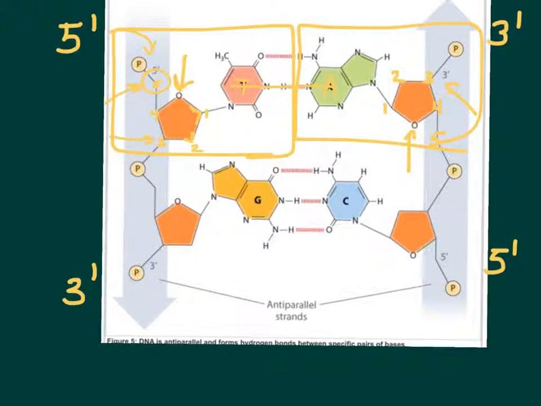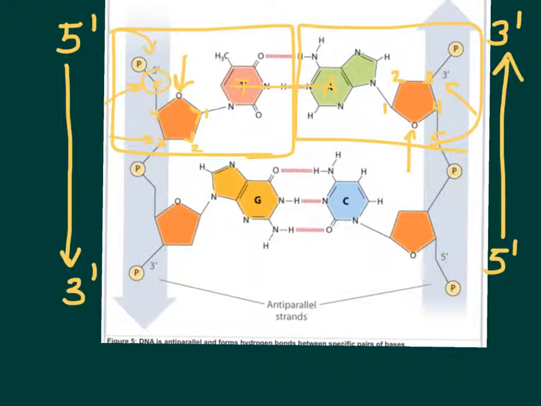So it goes from 3 to 5 there and there. So is everything just flipped? It's like a perfect inverse, like a mirror image, right? So it's opposites. This is what gives DNA the structure name anti-parallel.